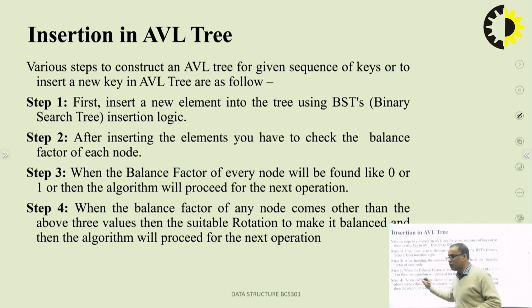But in step 4, after inserting the new node, if any one node has a balance factor apart from 0, 1 or -1, like 2 or -2, then the tree becomes unbalanced. In order to make the tree balanced, we need to perform a suitable rotation.